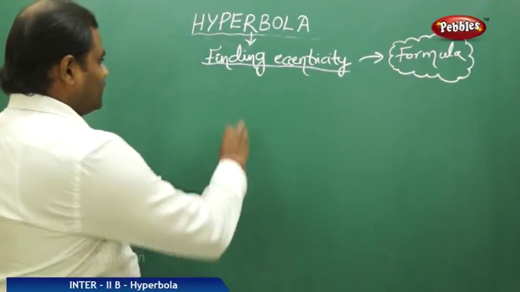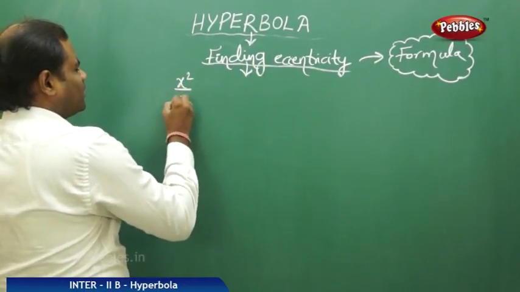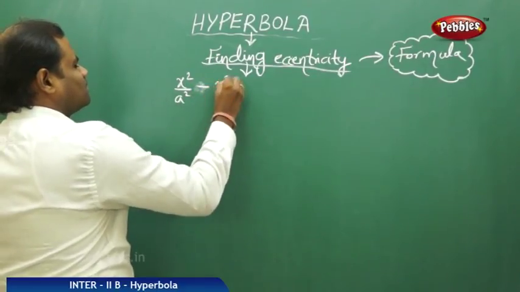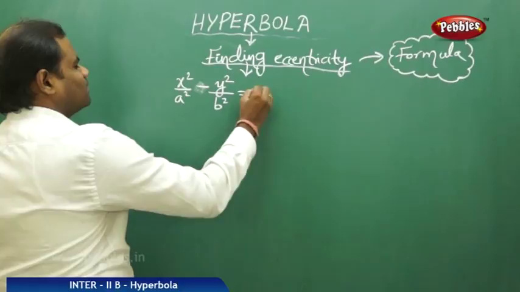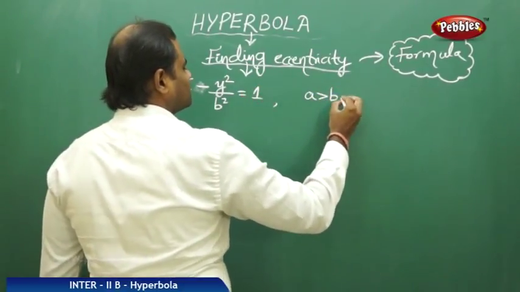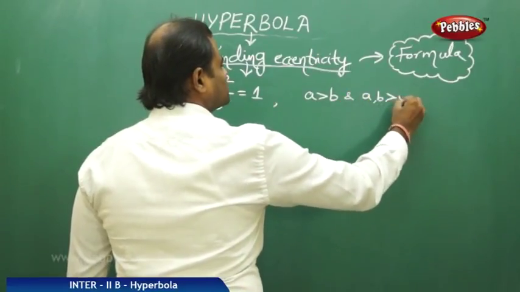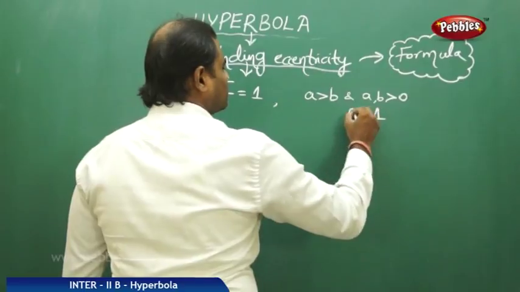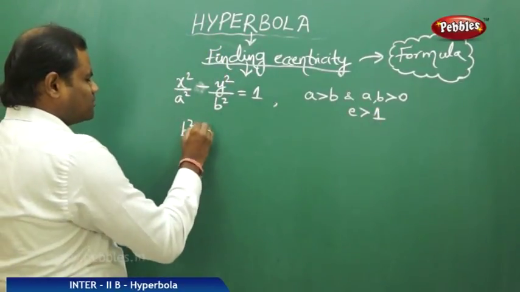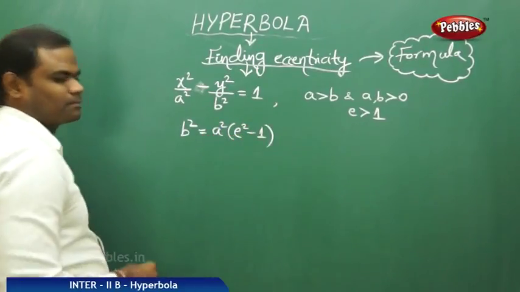So suppose I have the equation of hyperbola x squared by a squared minus y squared by b squared equals 1, with a greater than b, and both a and b are positive, and of course e greater than 1. Then we know that b square is given by a square into e square minus 1.